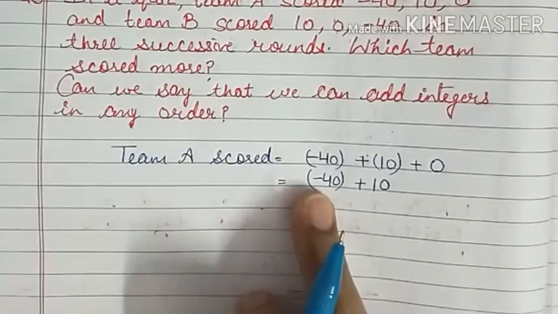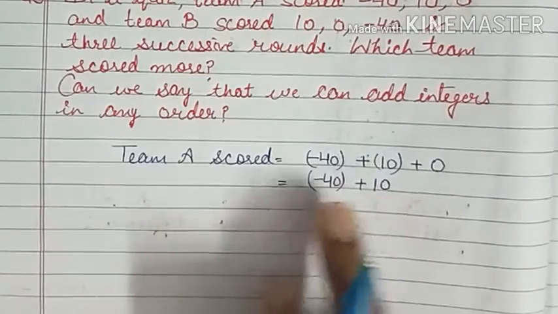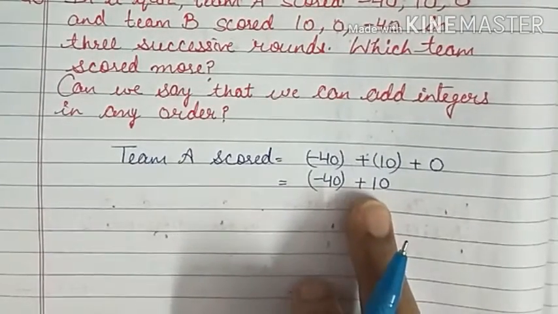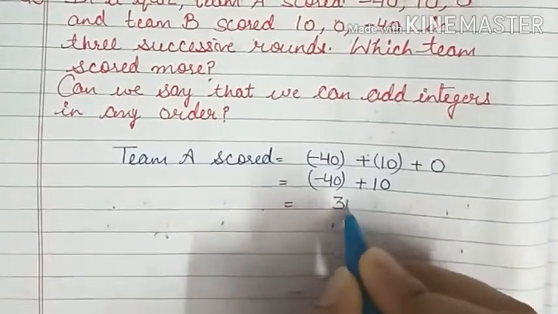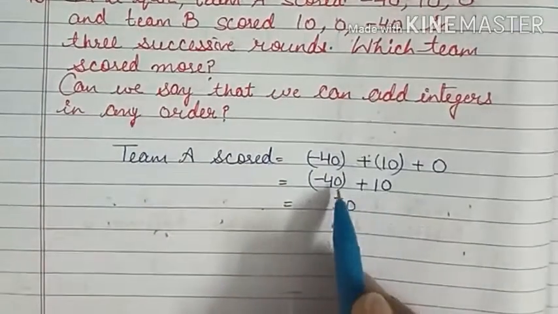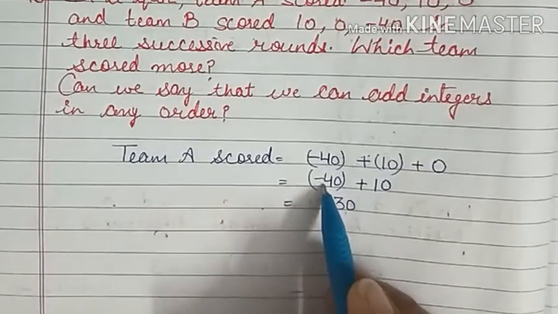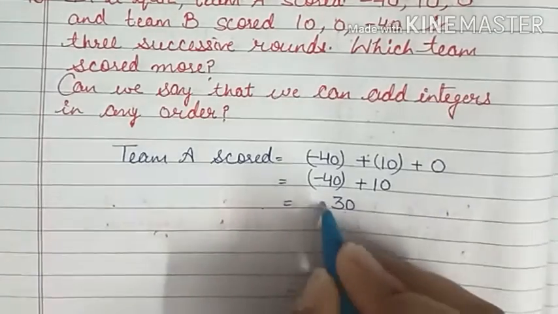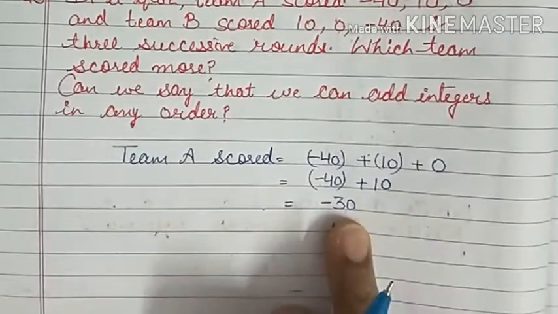Now we can see here -40 is negative and this is positive. So when one is negative and one is positive, we do subtraction and take the sign of the larger integer. So here if 10 is subtracted from 40, we will get 30, and because 40 is larger and its sign is negative, we will put a minus sign. So team A scored -30.